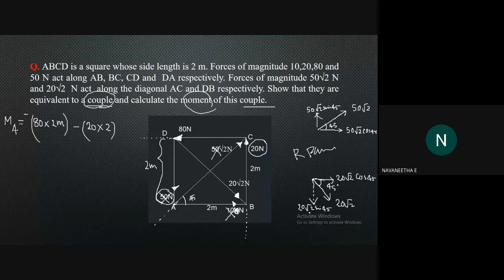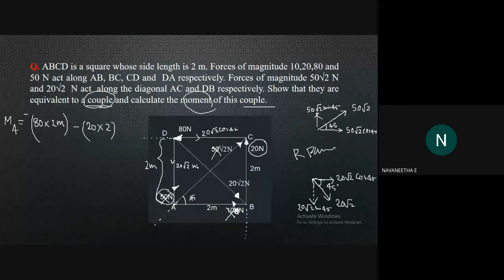If you apply these components in this figure, the line of action of 20 root 2 sin 45, the y component, is passing through point A, so no need to consider it.